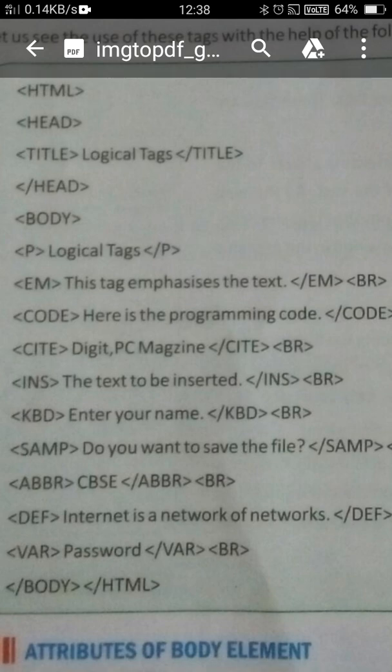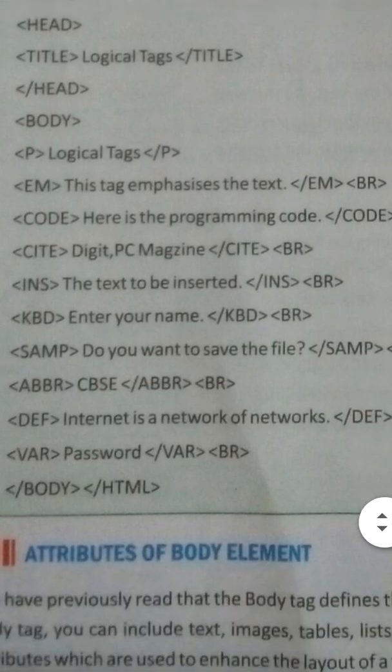And abbreviation, ABBR. For example, you want to display the abbreviation of CBSE, then you can use the ABBR tag with its one attribute, that is the title attribute. DFN for printing the definition, and VAR for variable.